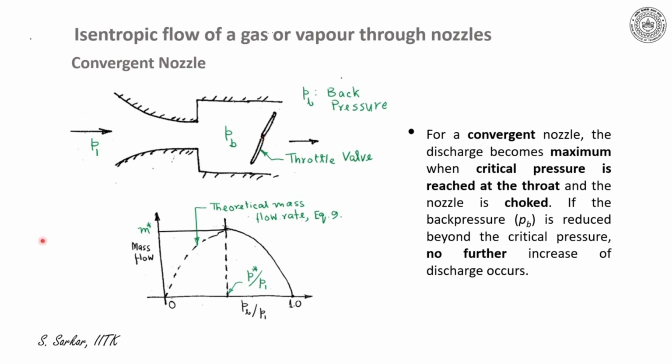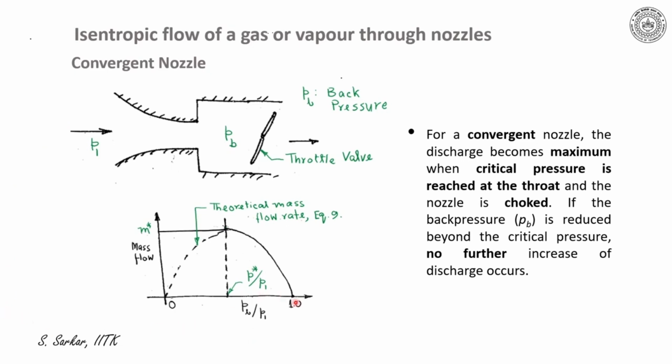I have illustrated here the mass flow rate as the back pressure changes, where back pressure is represented by a ratio PB by P1, where P1 is the inlet pressure.